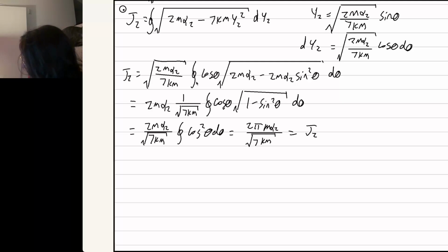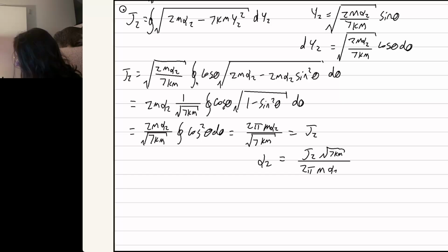J2. Let's solve for alpha 2, which is going to be J2 times the square root of 7km divided by 2 pi m. It's a gross looking pi. 2 pi.